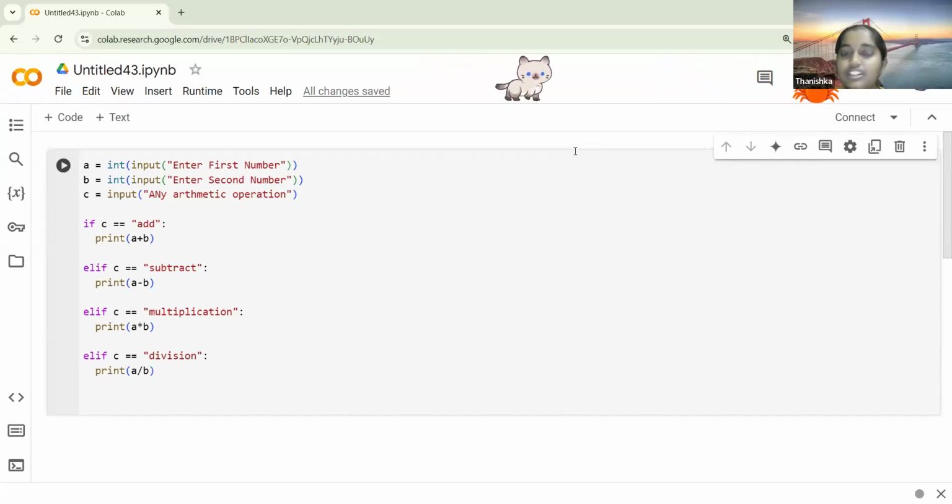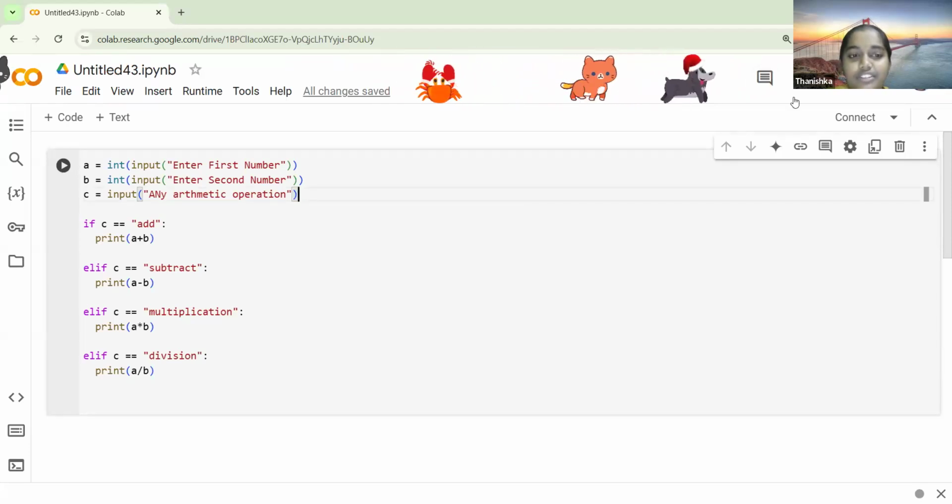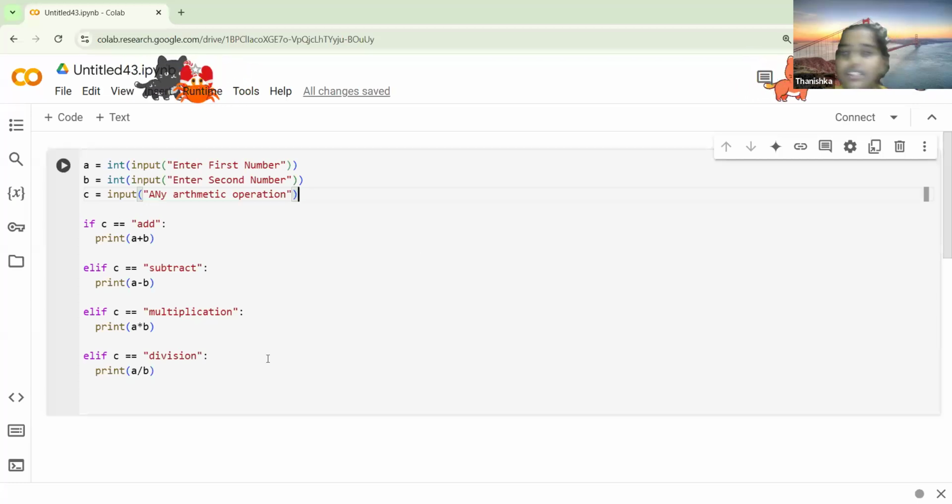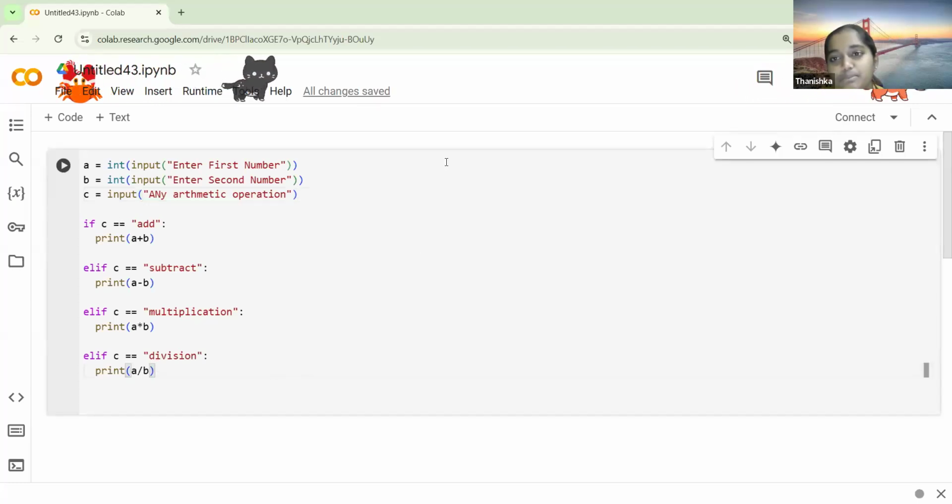Level 2 students, if A or B is equal to 0, then we have to do something, right? Did you learn any statements like that?